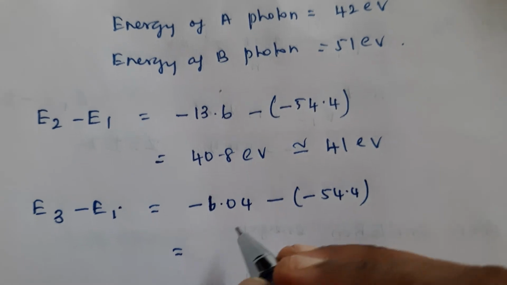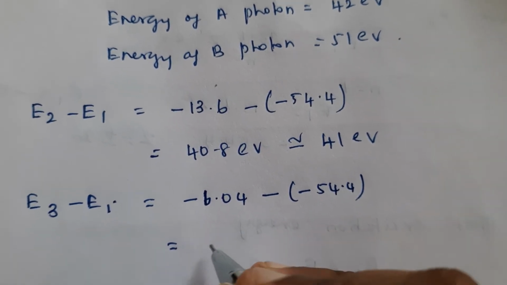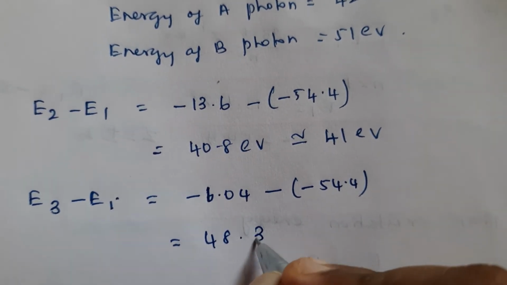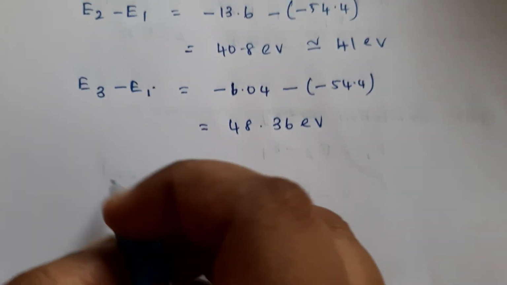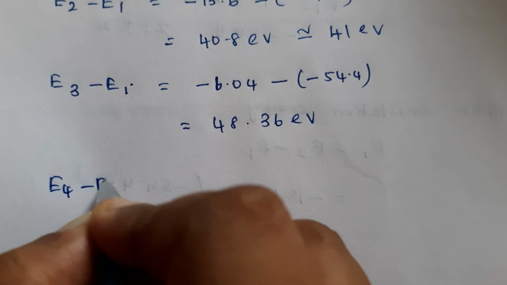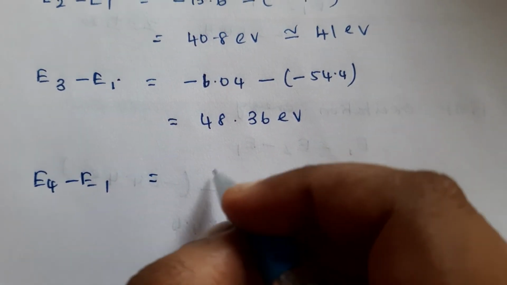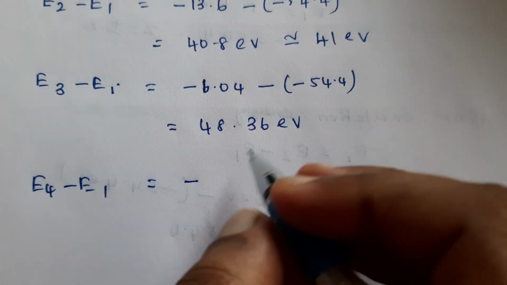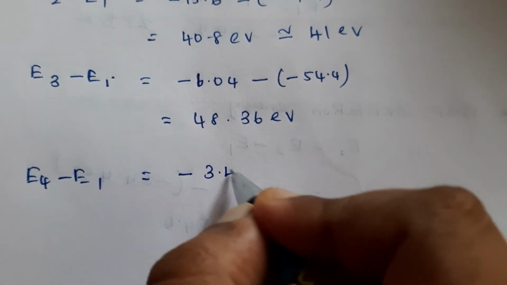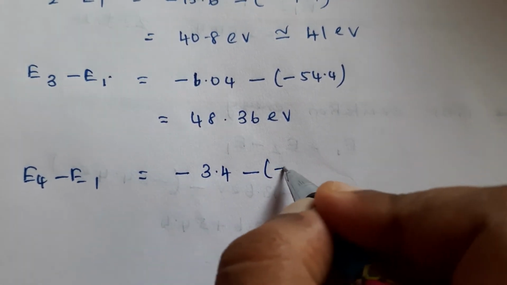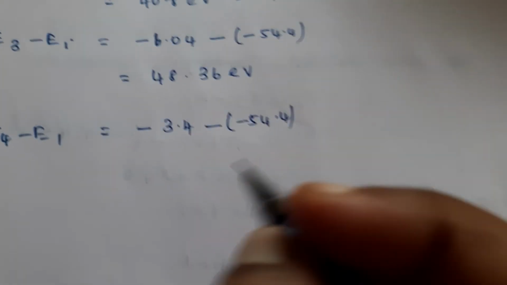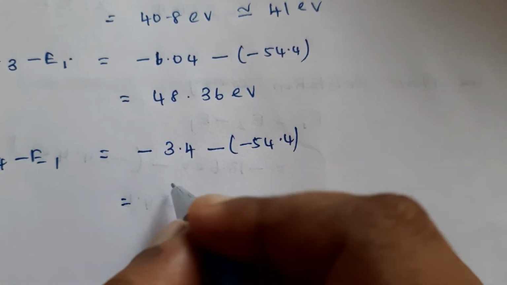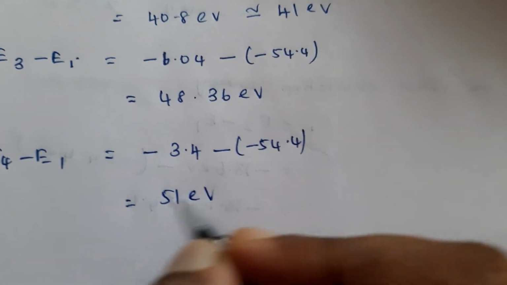If you add these two, you will get 48.36 electron volt. Now we'll find E4 minus E1: minus 3.4 minus of minus 54.4, which is equal to 51 electron volt.